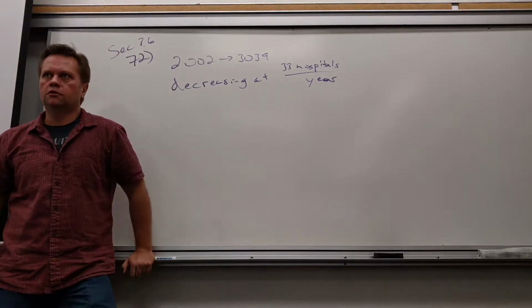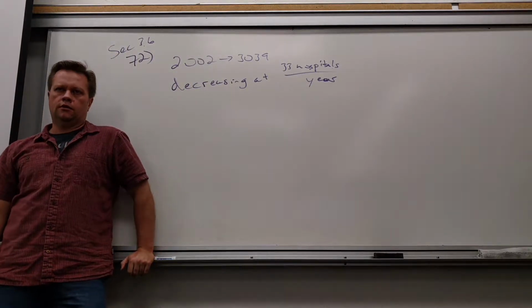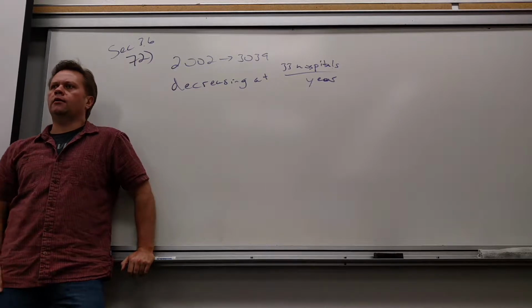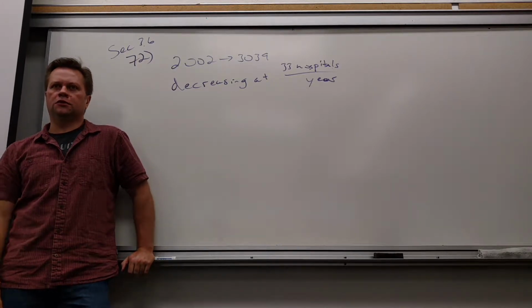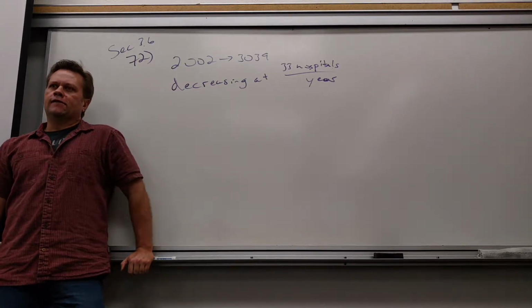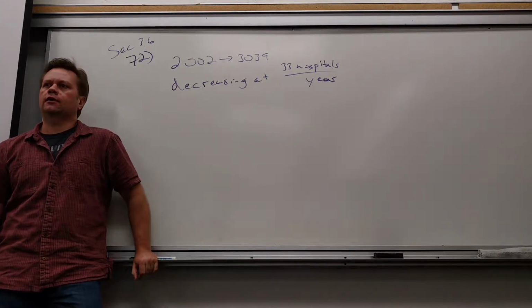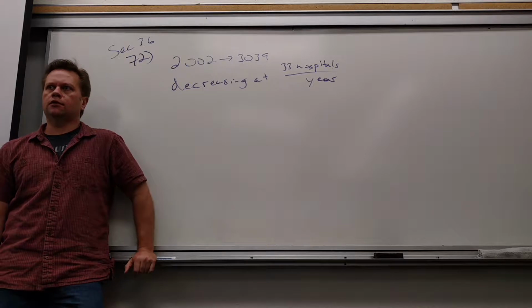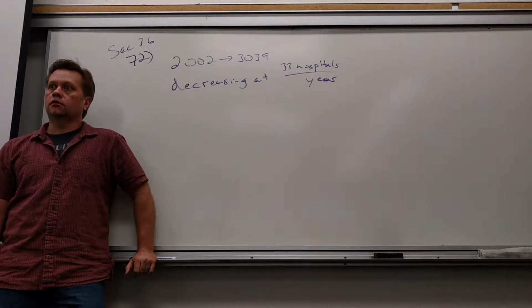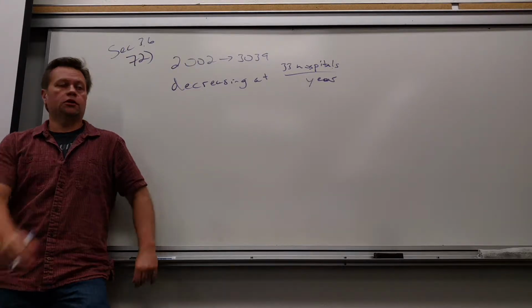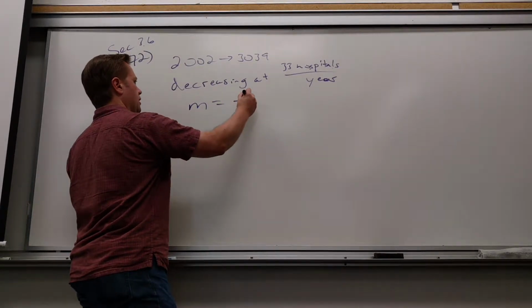Okay, I'll let you absorb that. Now, me being a math guy, I automatically see that information in a certain way. For example, decreasing at 33 hospitals per year. What's that in the context of lines, of mathematical lines? Negative 33. Negative 33 is a slope, right? Yeah. So we know m is negative 33.